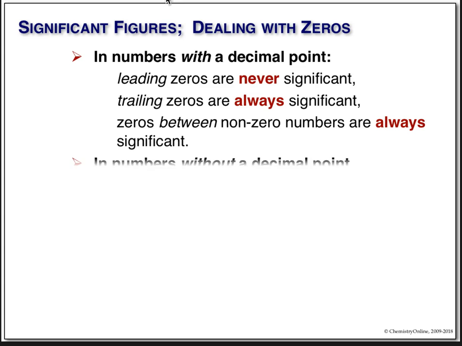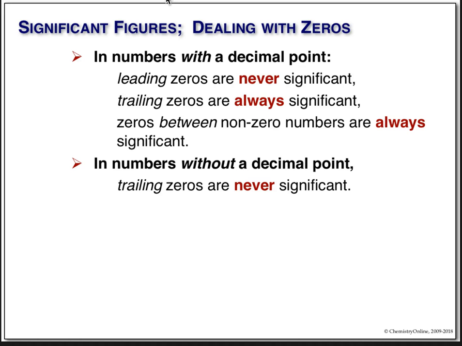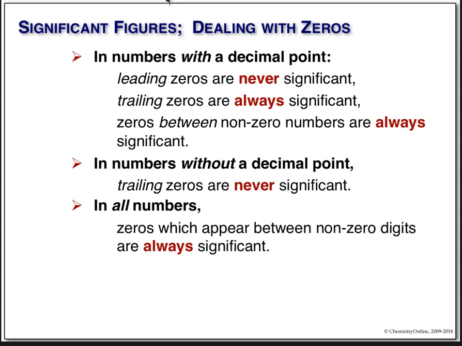Now, if your number doesn't have a decimal point, it also won't have leading zeros, but in this case, trailing zeros are never significant. So you look to see if you have a decimal point. If you have a decimal point, leading don't count, trailing do, no decimal point, no trailing.